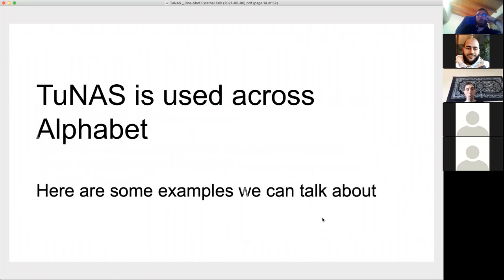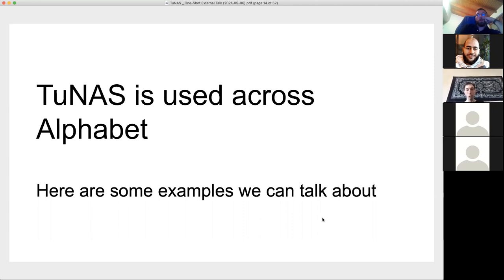There's one other way that we can think in terms of robustness and these results being useful, which is through the lens of collaborations with other teams in Alphabet who are actually interested in using architecture search for their own problems, or for different problems than the ones we were originally thinking about.